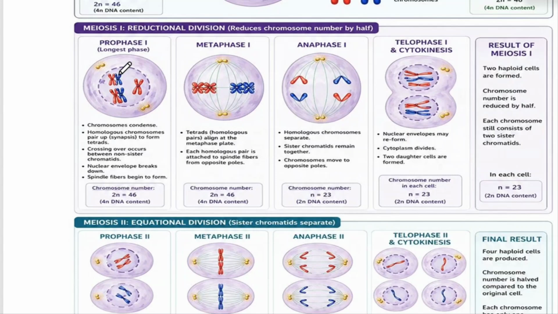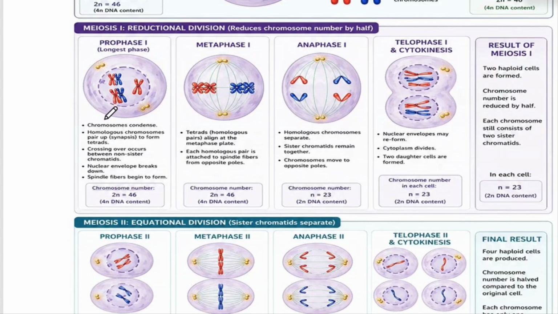Here, one chromosome and the other chromosome are paired together in a process called synapsis, forming a structure called a tetrad. Another important event is crossing over, where homologous chromosomes exchange pieces of DNA.